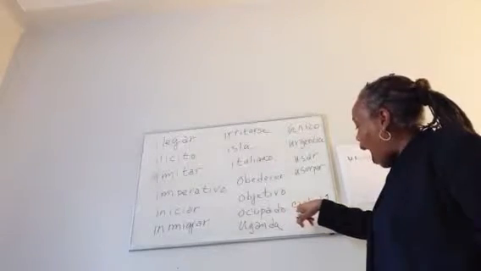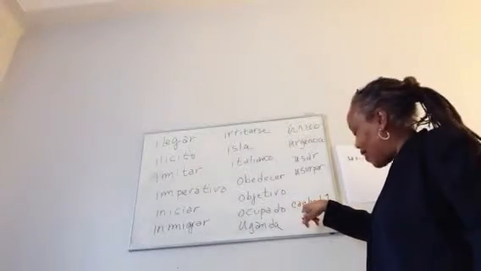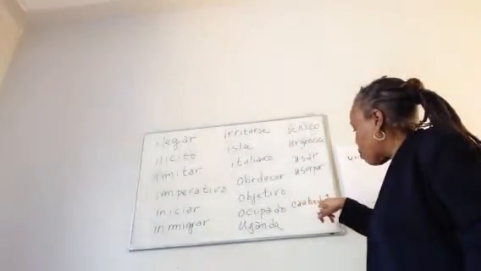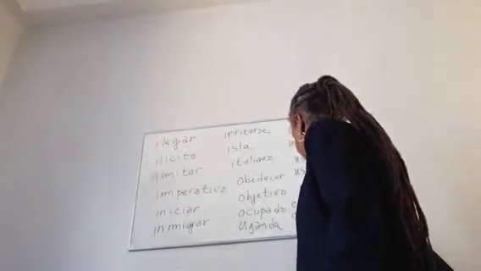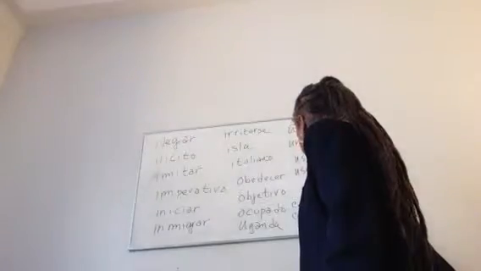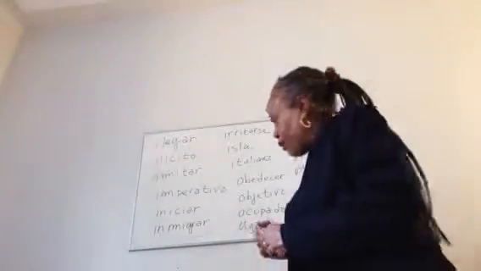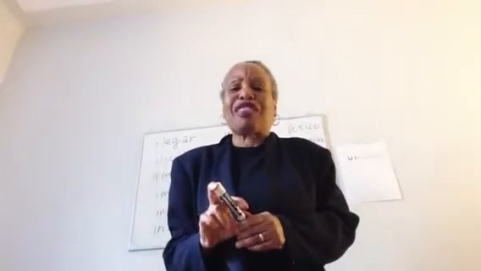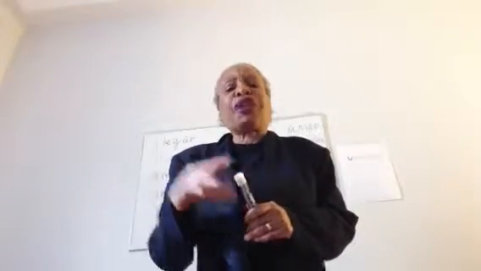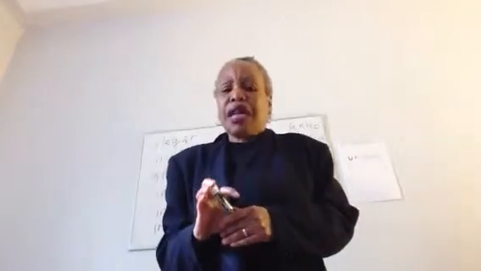In English, it's C, A, B, E, D, 1. I have quite a few videos on pronunciation. You're going to have to look for them, but you'll see them. They're called Spanish pronunciation.